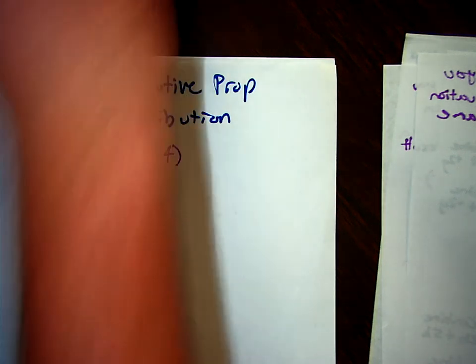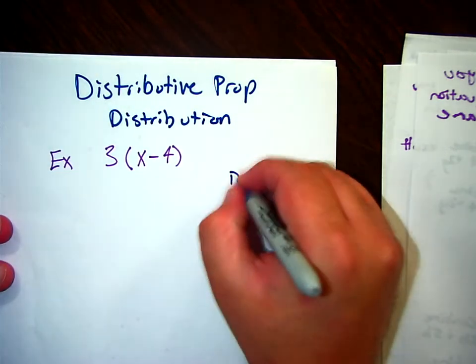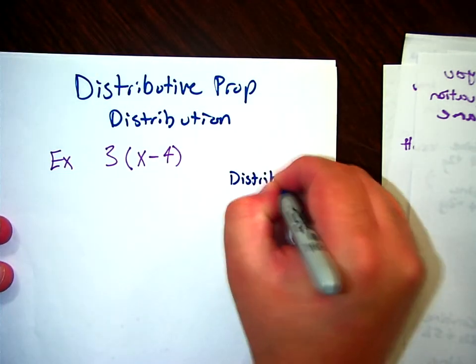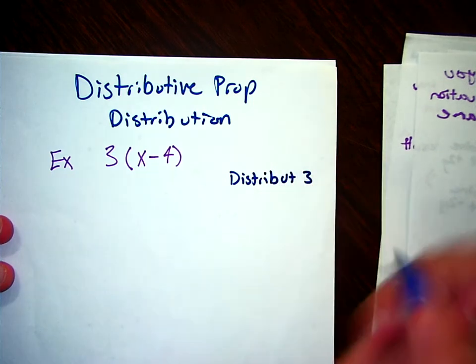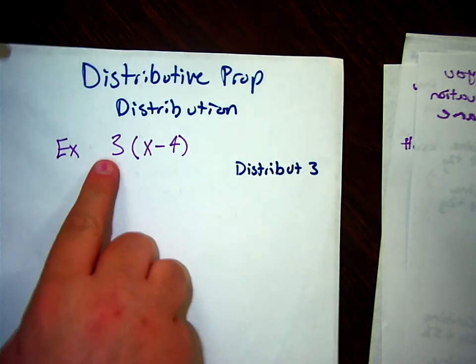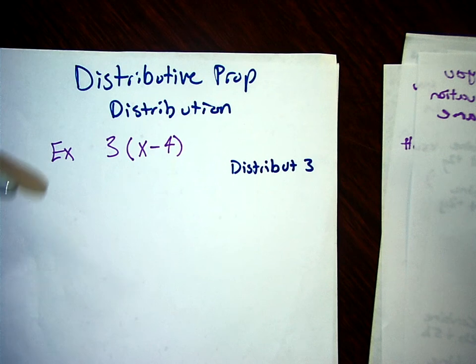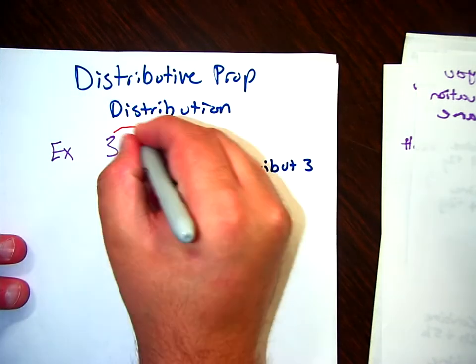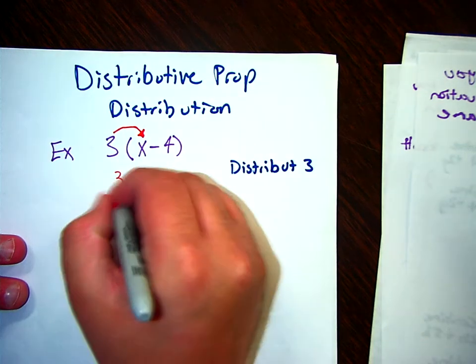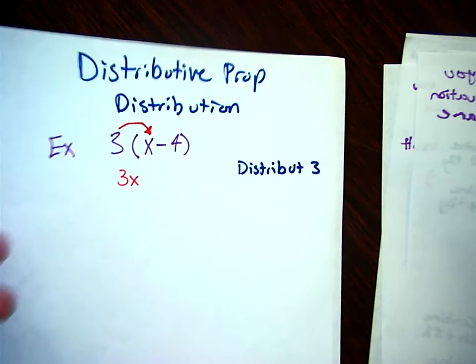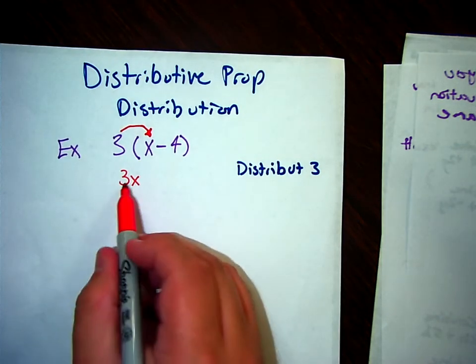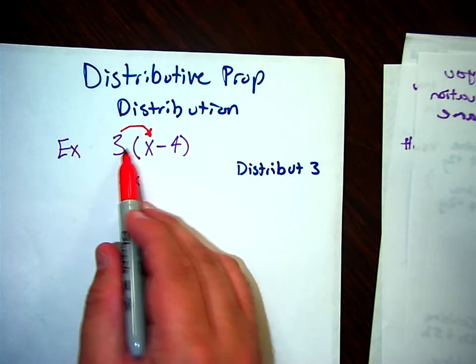So over here as my justifier, I'm going to write distribute 3, because that's the number we're distributing across this sum. Okay. And then I'm going to go ahead and distribute. 3 times x is going to give me 3x. Okay. It's just 3 times x written in a different way.